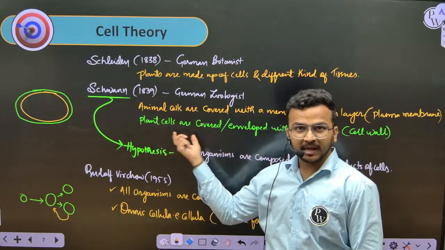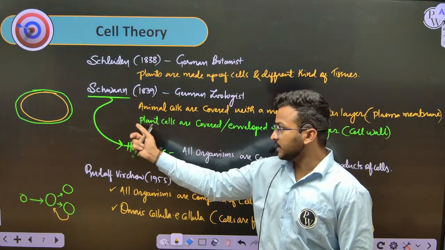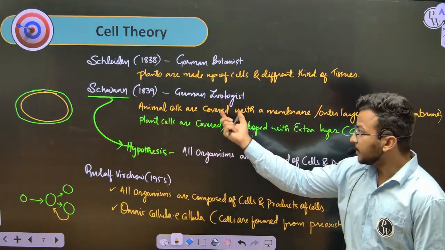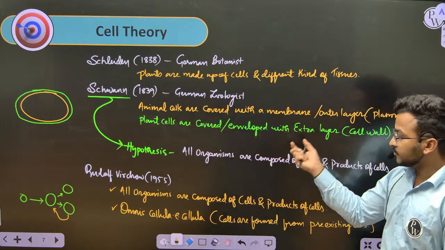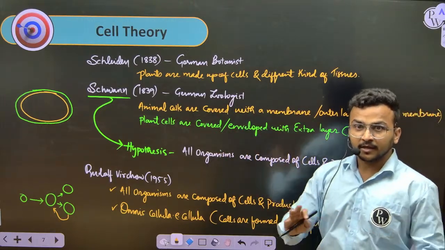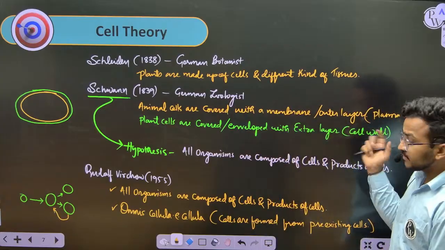He also stated that plant cells are enveloped with an extra layer over the thin membrane, which we call the cell wall.